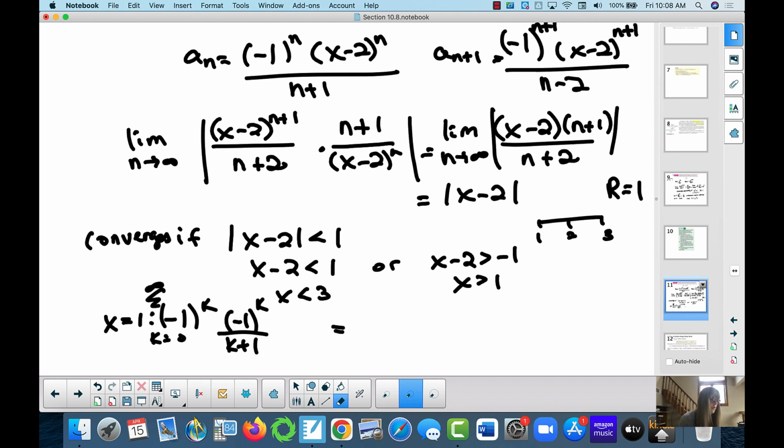So this is equal to the sum from 0 to infinity of -1 to the 2k over k plus 1, because we've got 2 of these.